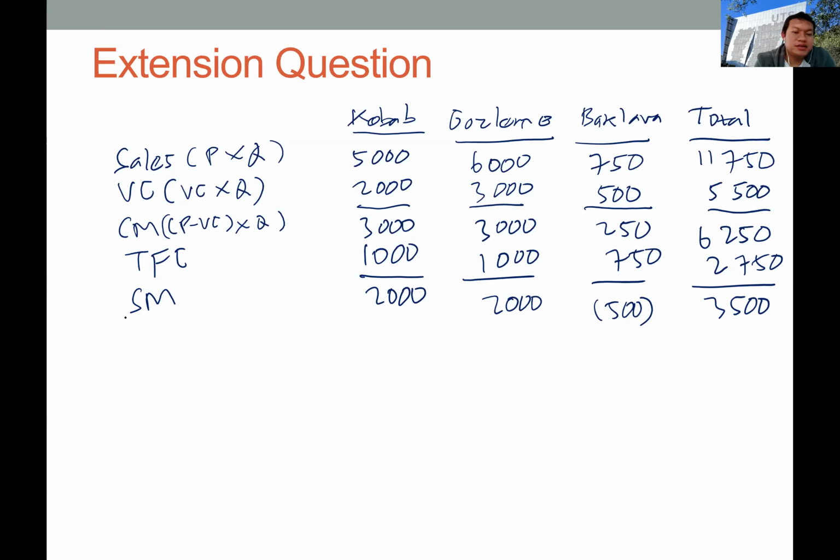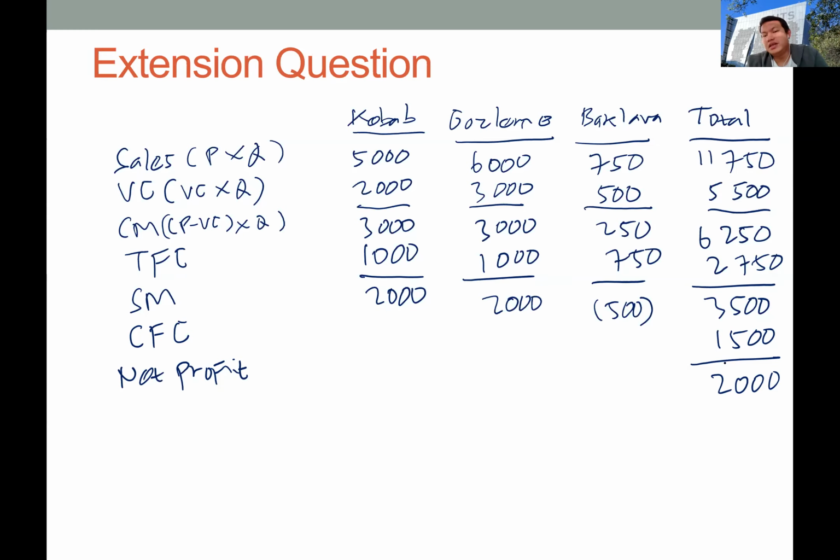And lastly, we need to deduct the common fixed cost, which is 1,500, and we got the net profit, which is 2,000. Okay, so this is the segment report of each product and also the total.